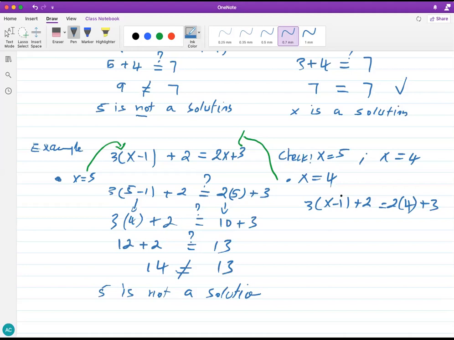Okay, the order of operations again. So the parentheses, I shouldn't have put the x. We need to substitute it with 4. Let's erase that. Let me try again. Here we go.